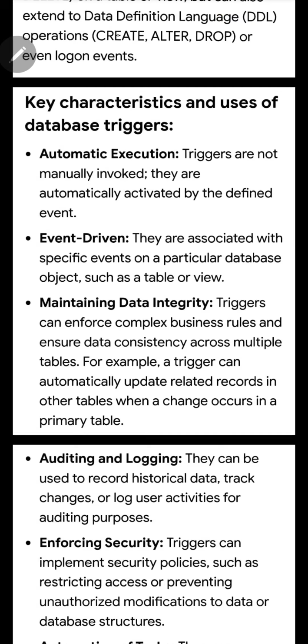So we can have the age greater than 18, only then the person can vote. Another example could be, let's say the minimum salary of the employee would start with 20,000 in a company. So these are certain rules which can also be maintained through triggers.